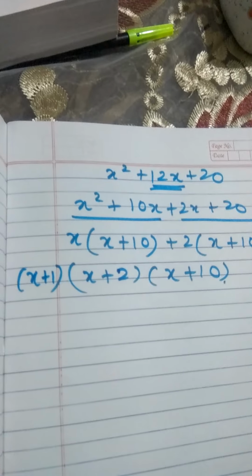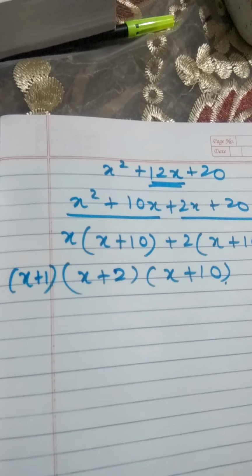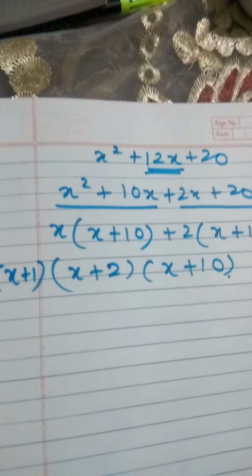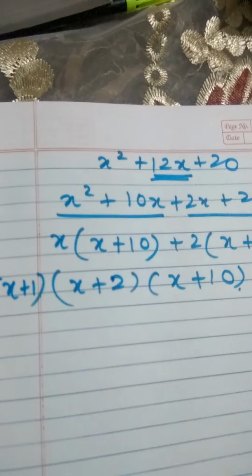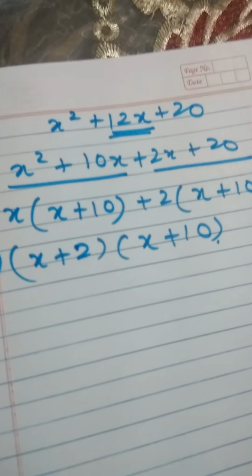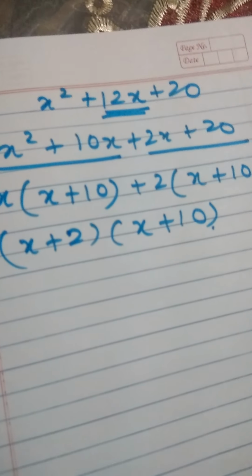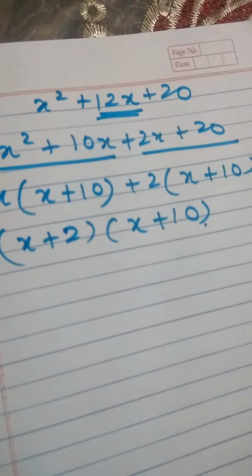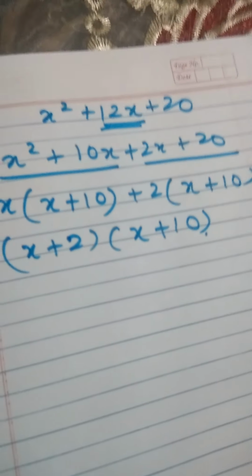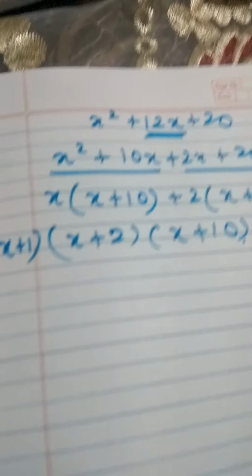So these will be the three factors of the cubic polynomial given to us in the question. This is called the trial and error method because we have to try plus 1, minus 1, plus 2, whatever the factors are, one by one, and whichever we find as a factor, that we can use for dividing the polynomial and getting the rest of the factors.